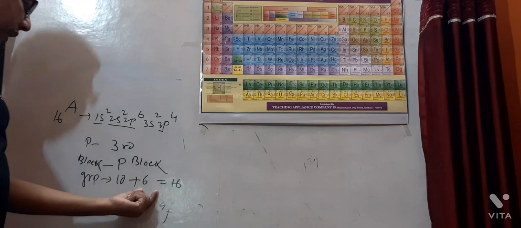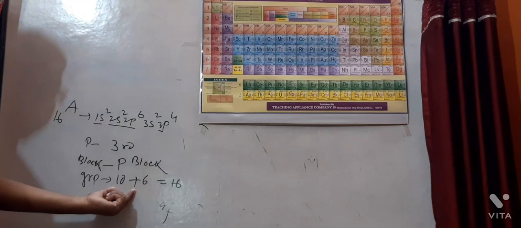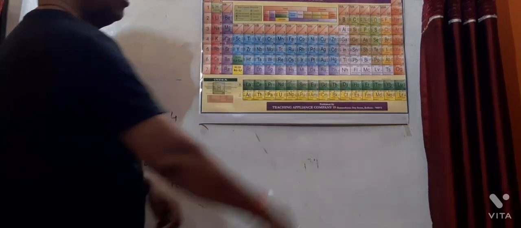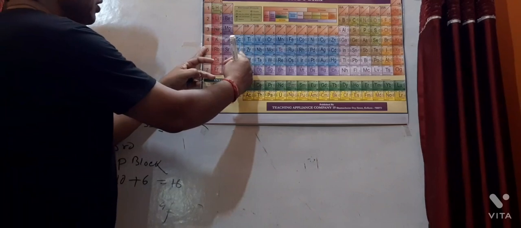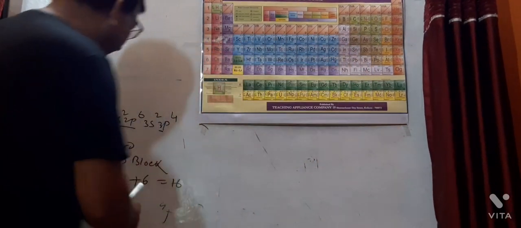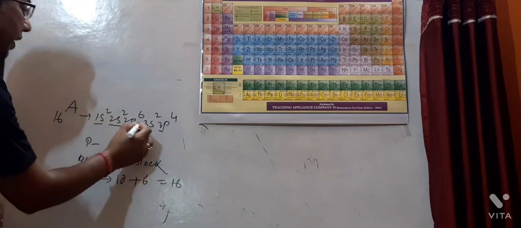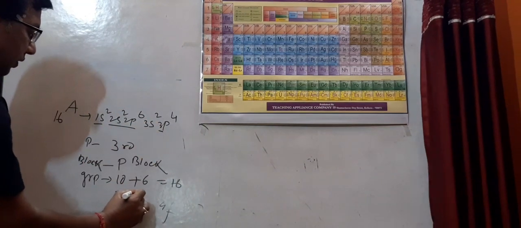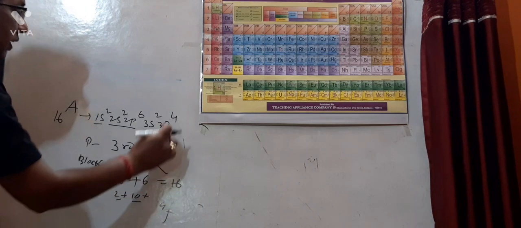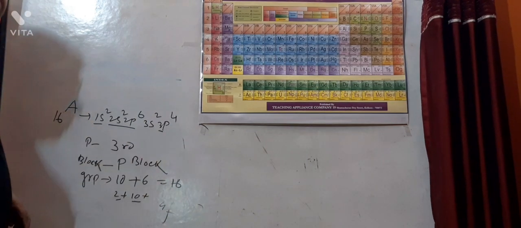You can calculate it this way: 10 plus, where 10 means the d block. s block plus d block plus the last electrons in the last orbital.